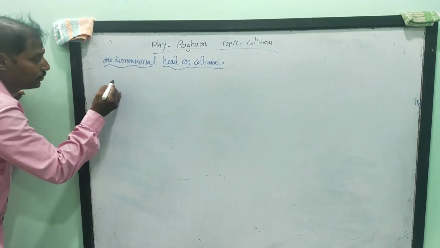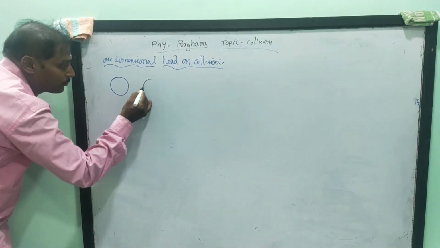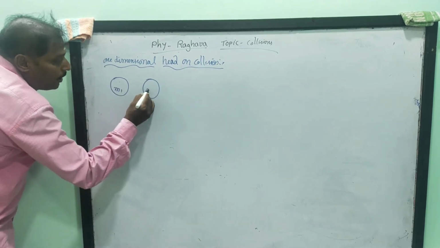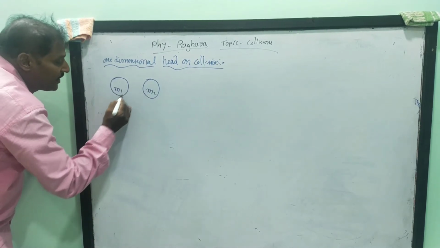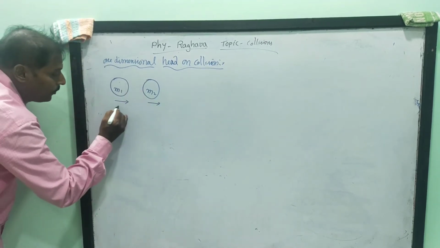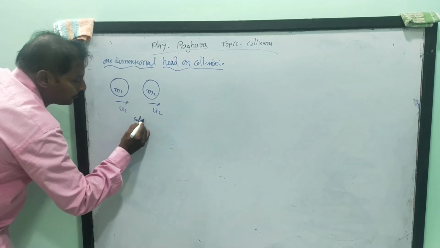Let's consider two bodies having masses m1 and m2 moving in the same direction with velocities u1 and u2 before collision.